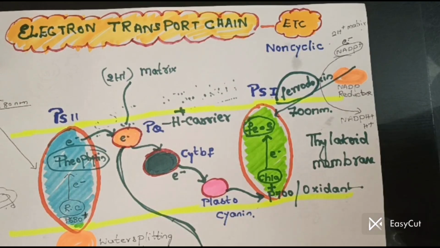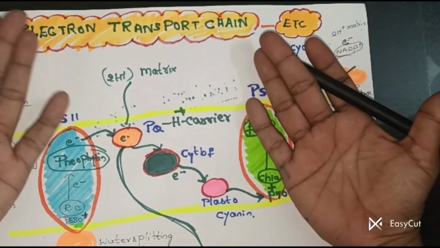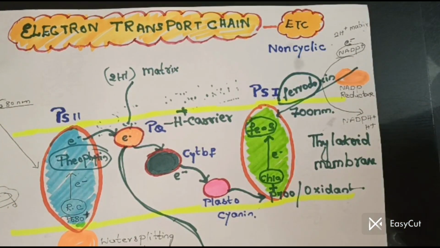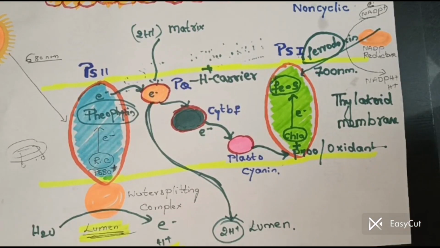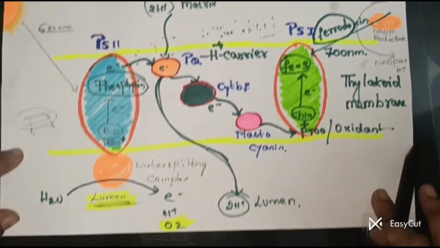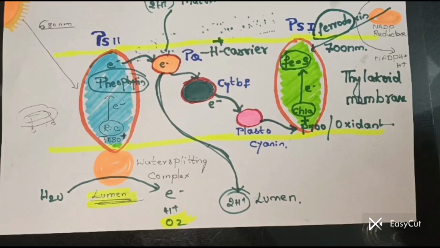So please try to understand, the non-cyclic ETS requires the 2 photosystems, both PS2 and PS1. The electron contributor, water, is not attached with the PS2, it is attached with the PS1 facing towards the lumen.